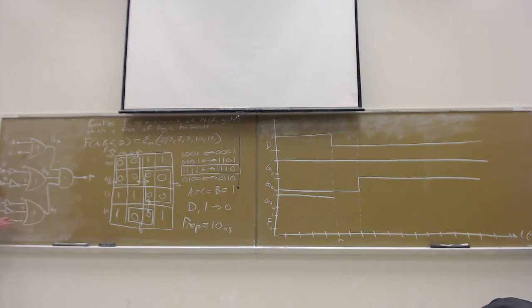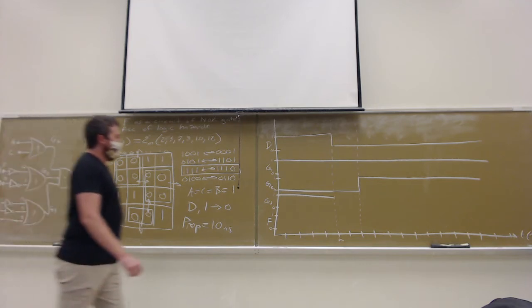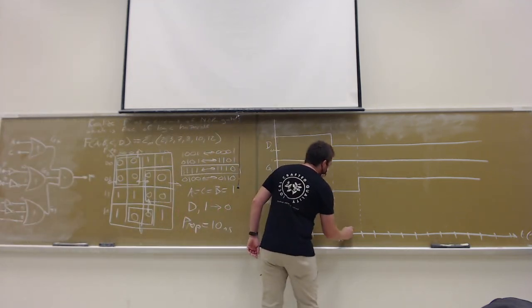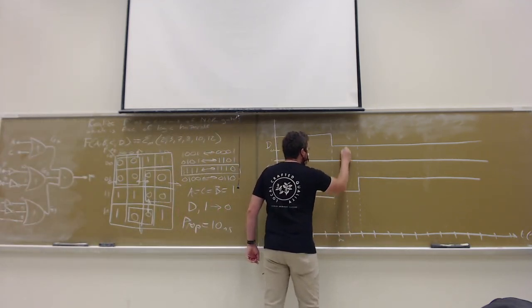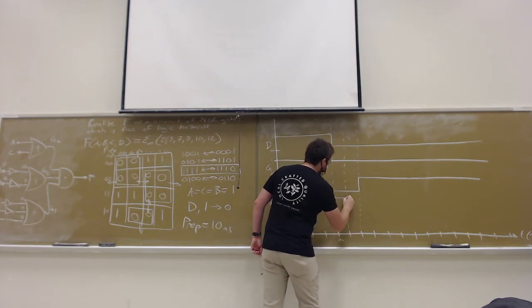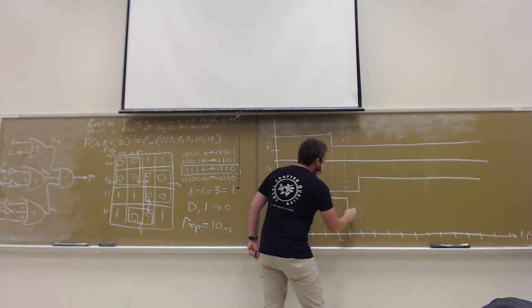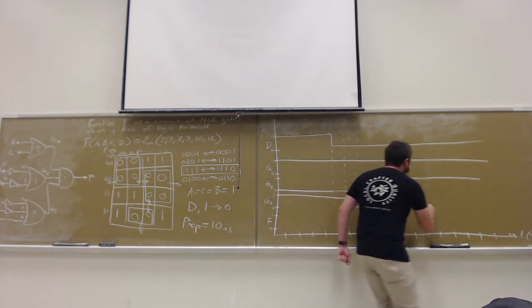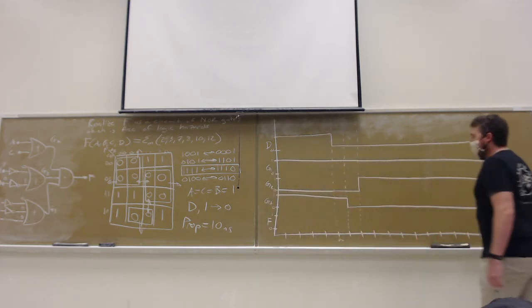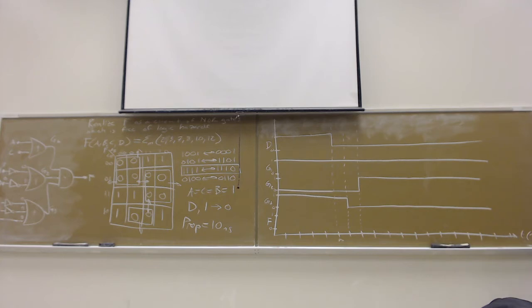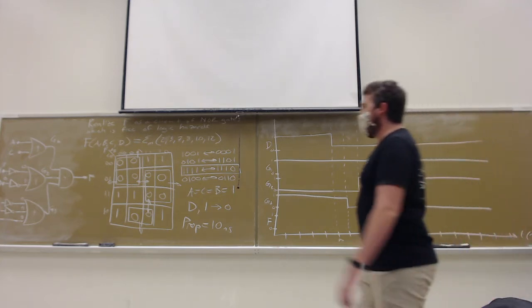D goes to 0, which means G3 goes to 0. And how long does it take? 10 nanoseconds. It takes 10 nanoseconds to get there. 10 nanoseconds, it drops to 0 and stays there.